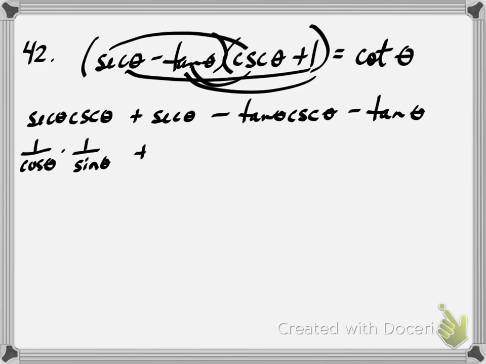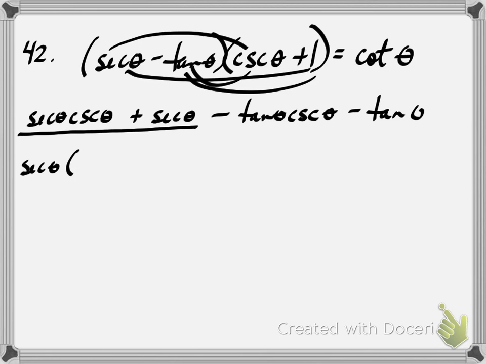Plus, let's factor by grouping. Just noticed I have 4 things. Let's group this first part together and factor out a secant. Oh, I would just go backwards.